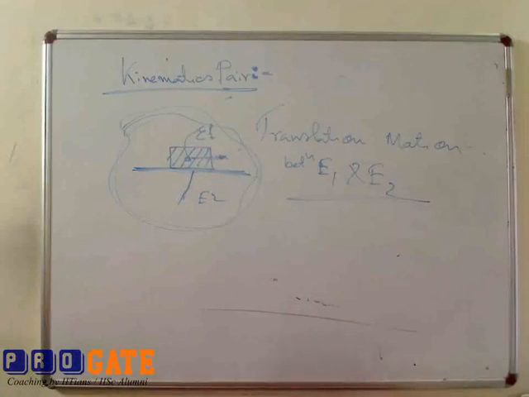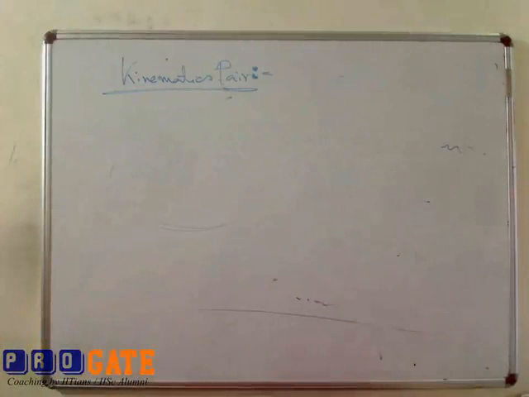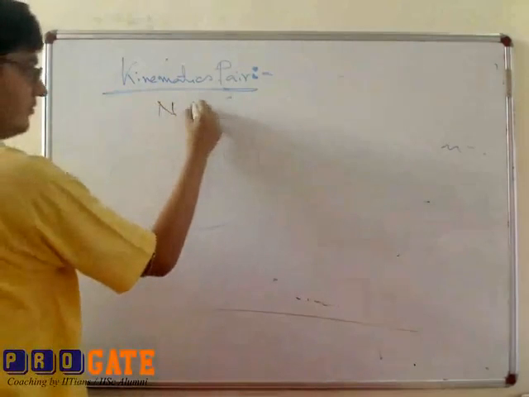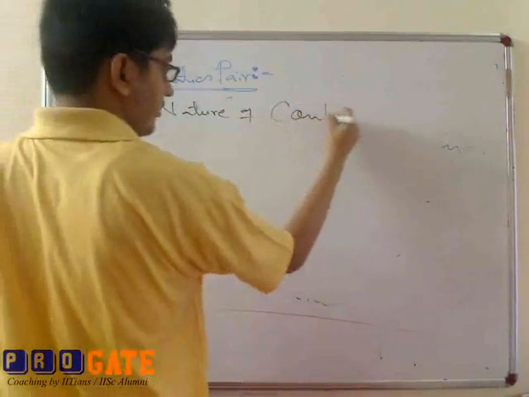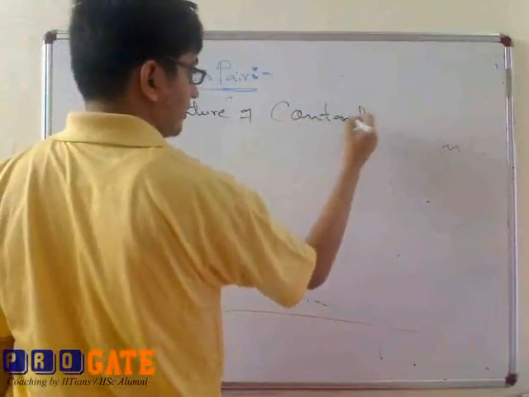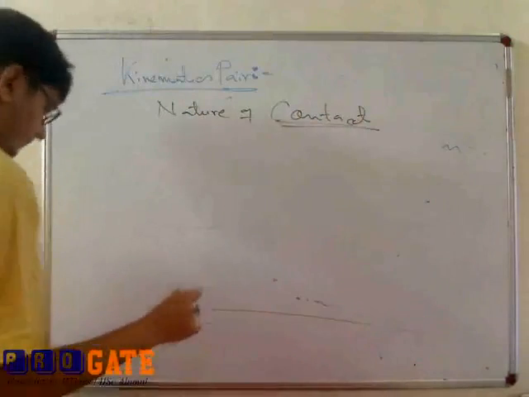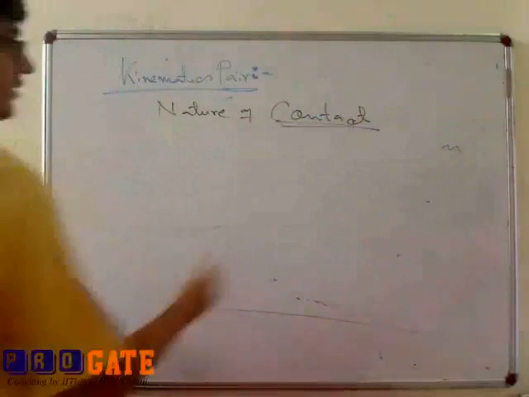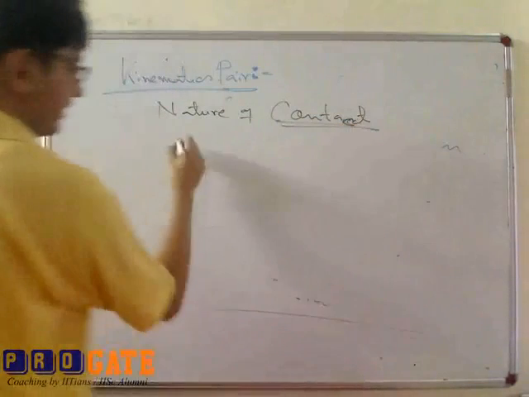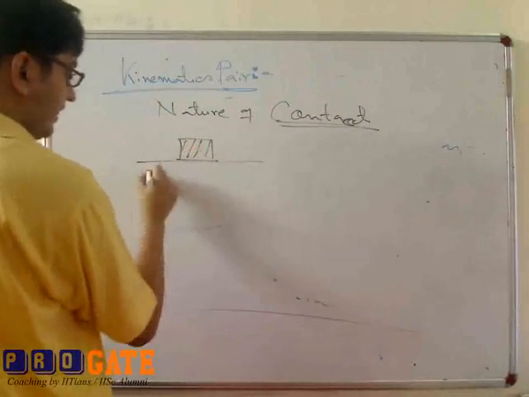Depending upon the nature of contact between these two elements, I repeat, depending upon the nature of contact. What is the nature of contact? This is my one element and this is the second element.